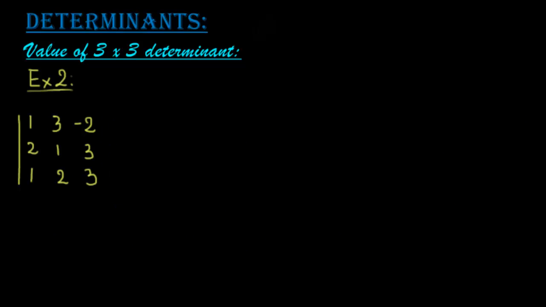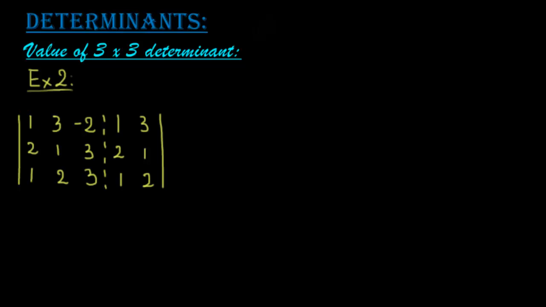For the shortcut way, I will replace this line by the dashed line. I will copy the first two columns over. So we have 1, 2, 1, and 3, 1, 2. Okay. Our next step is to multiply across all the way down.